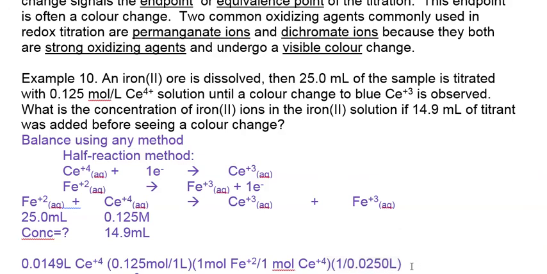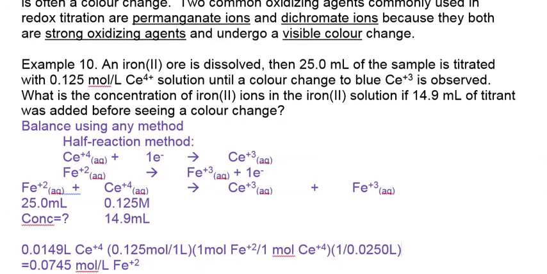Do it with a formula. That is also okay. I just did the whole thing using dimensional analysis, and we get our overall answer of 0.075 moles per liter of that iron ion. So the tricky part of these questions doesn't generally tend to be the dimensional analysis part. We've done that lots. It tends to be finding that balanced reaction.